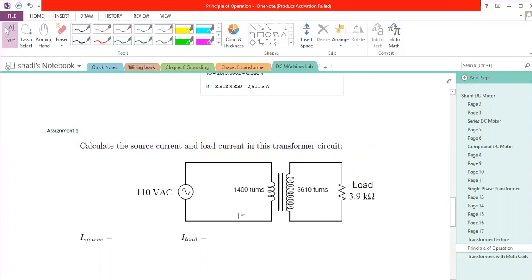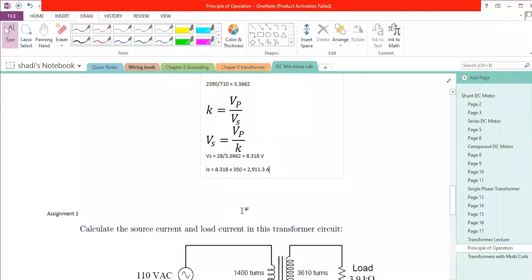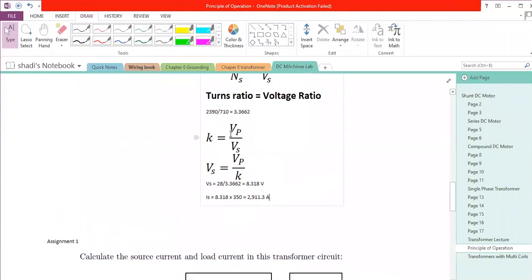We need to figure out the I source, which is the I primary, and the I load, which is the I secondary.